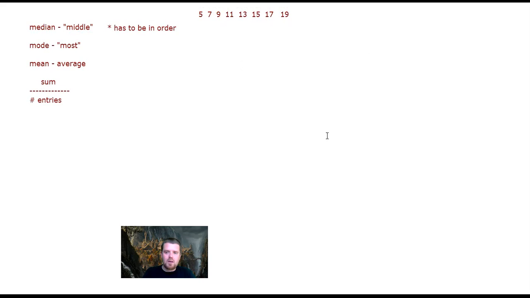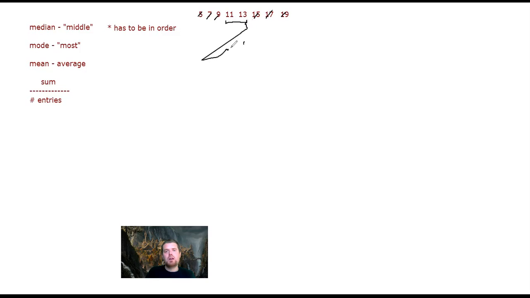But if I'm doing it by paper, I would be very careful of going through here and just crossing out the numbers as I go along so that I know which number's in the middle. So 5 and 19, 7 and 17, 9 and 15, etc. And then whatever number is left in the middle, that's going to be my answer. Now in this particular data set, I ended up with 2.